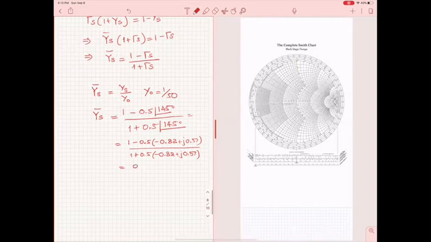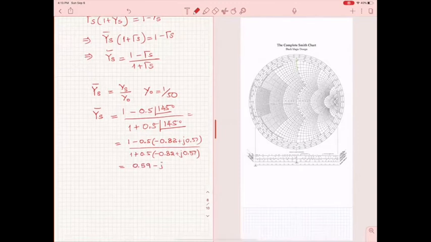It gives 0.59 minus j 0.57 times 0.5 equals 0.29, and then here it gives 0.5 times 0.82 equals plus 1.41 plus j 0.29.